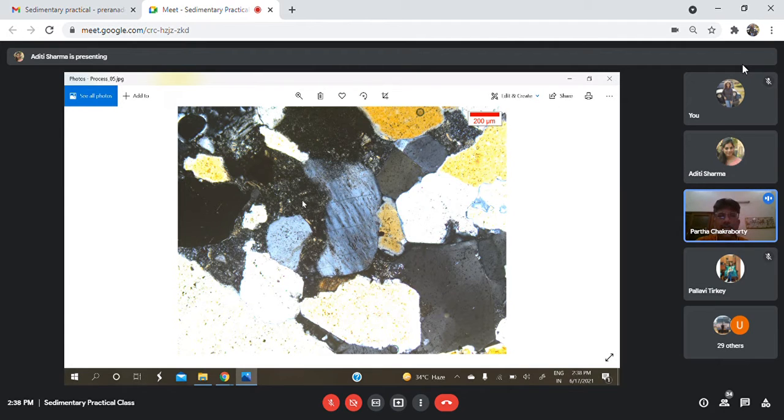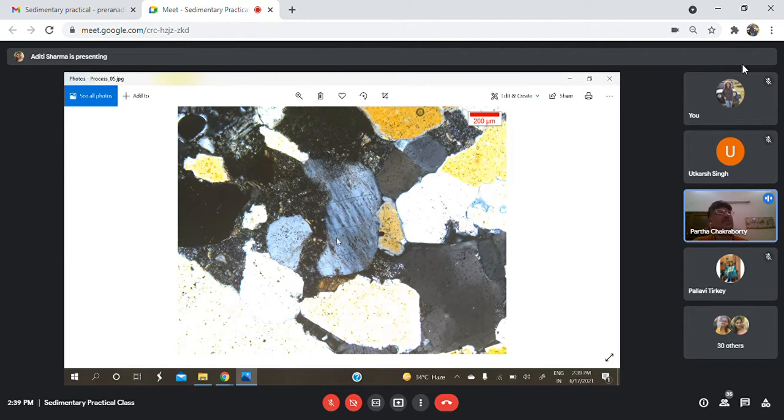Is it clear to students? Yes, sir. Which is the ghost grain, the bigger one or the small one? Both are ghost grains, because they are both part of the same grain. Now there is matrix generation and you are getting the two parts of the grain detached from one another, because in between there is a matrix growth, and the two parts of the grain still remain preserved and not altered.